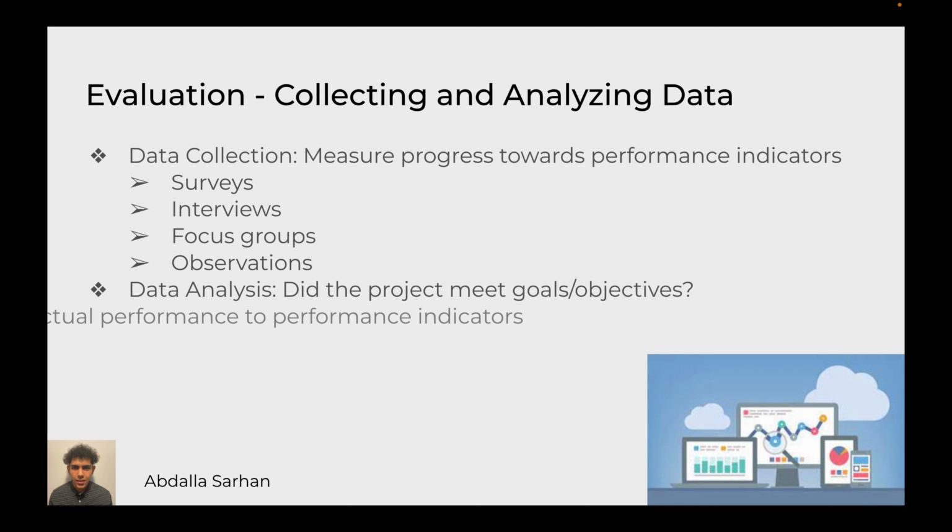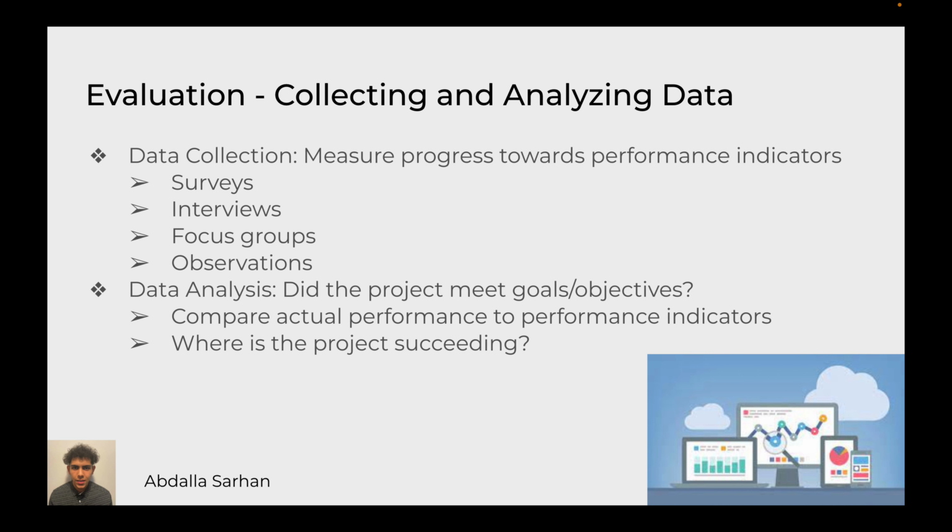This involves comparing actual performance to the performance indicators to see if the project is doing what it's intended to do, identifying areas where the project is succeeding and areas where improvements are needed, which is one of the main purposes of this stage. Once that is complete, it's time to report our findings.